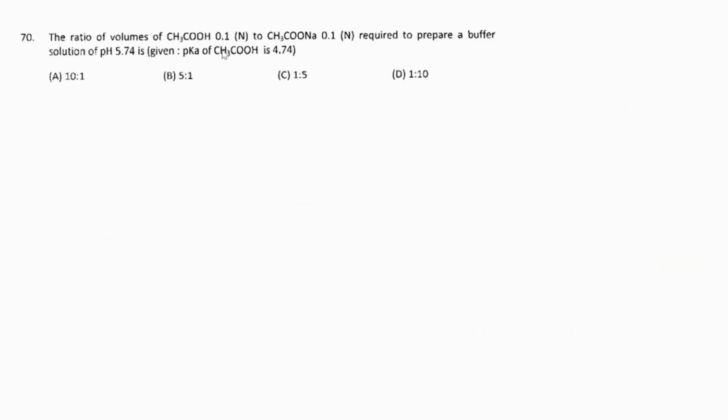So that you know, but still it's just a reminder. Okay, now this is a question where I need to find the ratio of volumes of CH3COOH of given concentration to CH3COONa of given concentration. So this is my acid, this is my salt, and it is required to prepare a buffer solution of pH 5.74.